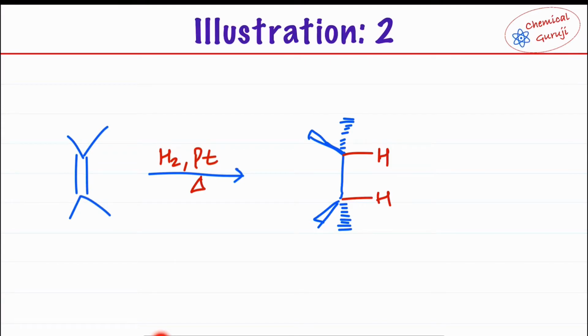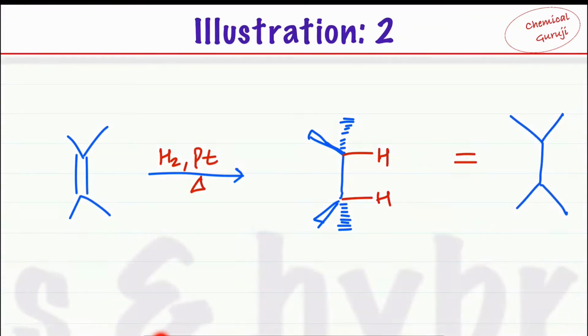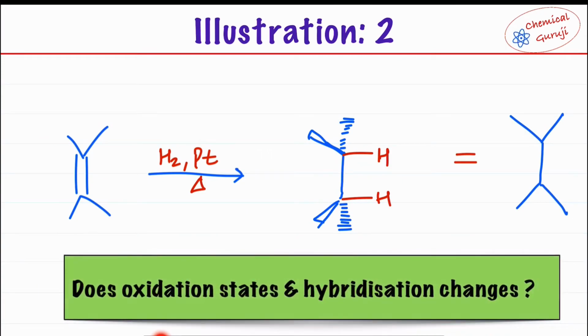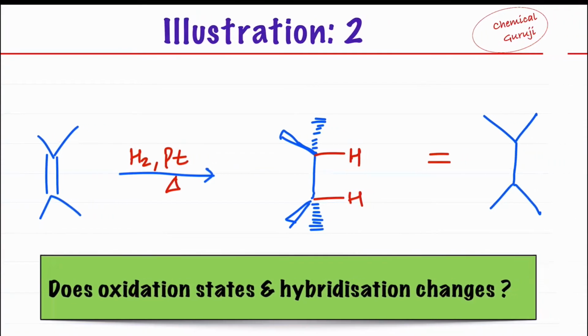Okay, and I can draw it like this also. So the question is, do the oxidation state and hybridization state change in this reaction process? You can pause the video and work it out with your knowledge. I'm going to discuss it in the next slide.